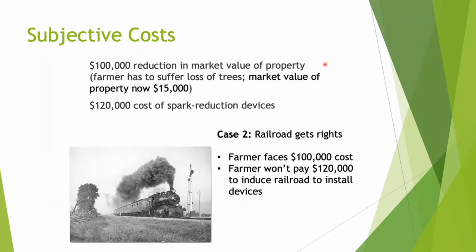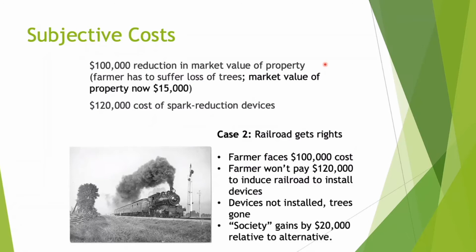The most the farmer can get from the market is the $100,000. That's not going to be enough to entice the railroad to do this. So again, the devices don't get installed, the trees still burn, and the outcome is essentially the same. And again, according to the Coasian, society gains by $20,000 relative to the alternative.